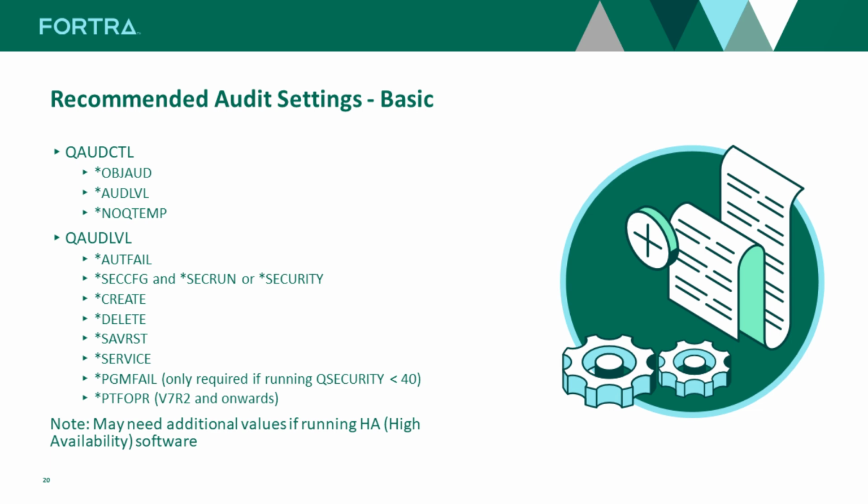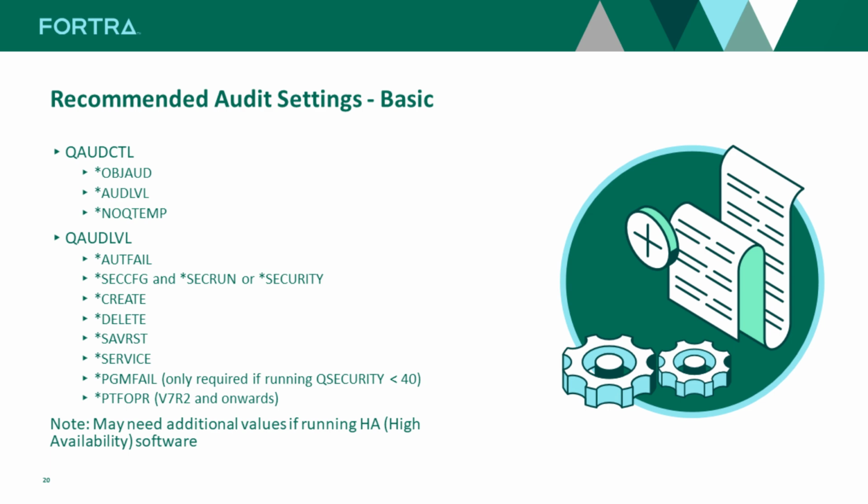I really want you guys to understand where we're coming from, and this is for your ability to see the activity on your system. We want you to be able to see authority failures. That's going to be key for not just object authority failures when somebody's trying to access something they shouldn't, but also those invalid sign-on attempts.